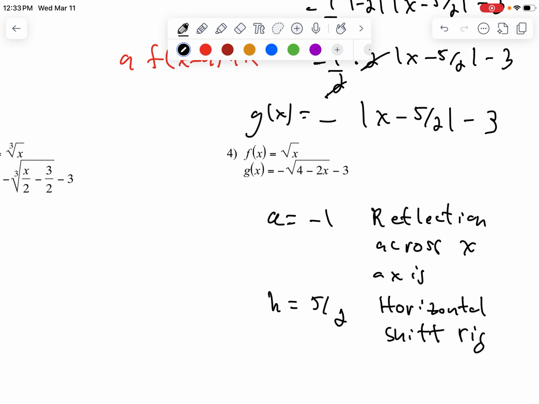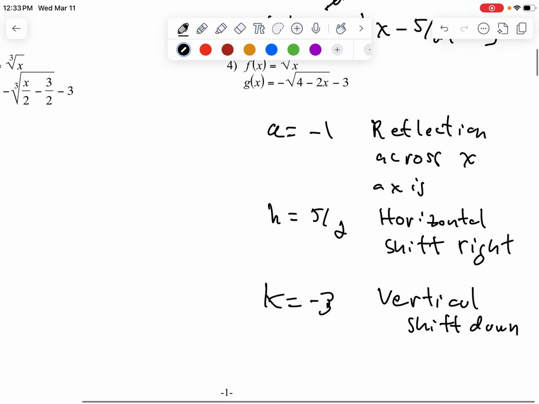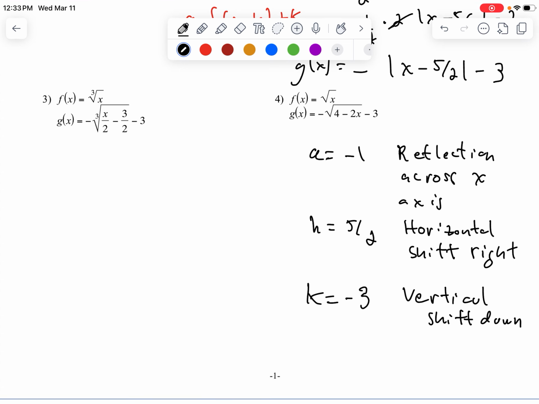If h is negative, then it's to the left. And then last but not least, you have your k, which is minus 3. So this is a vertical shift down by 3 units. And so these are the transformations that are being done to the absolute value function to get to the graph that we need.